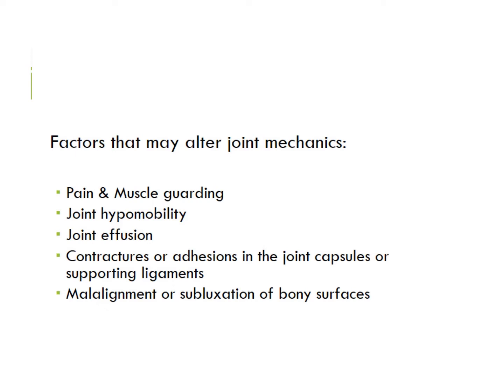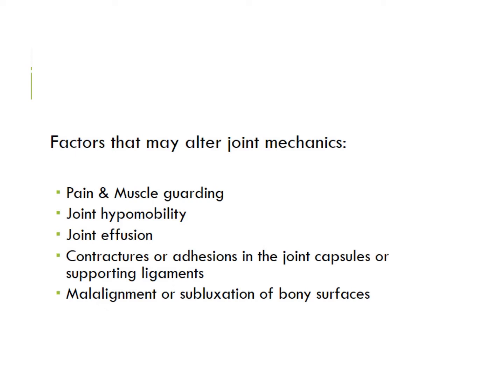If the structures like ligament and capsule surrounding the joint become tight, just like the muscle guarding, definitely the range of motion reduces, and if there is reduced range of motion, there will be altered joint mechanics.